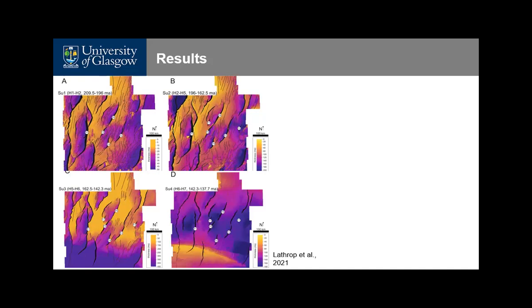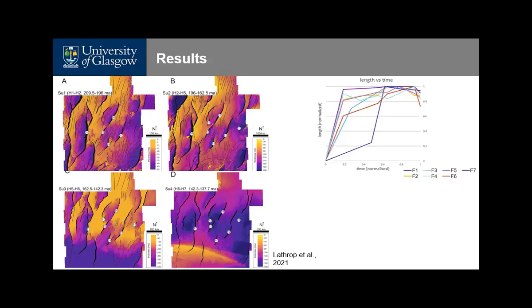And then here, very low displacement during those last few million years, and the faults have decreased in size from what they were during this package. So if we were looking at fault lengthening through time, this here is normalized time and length.